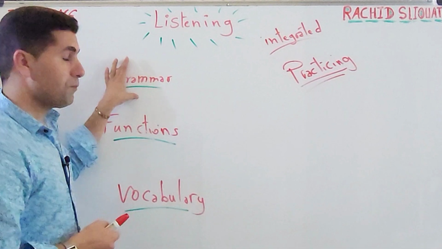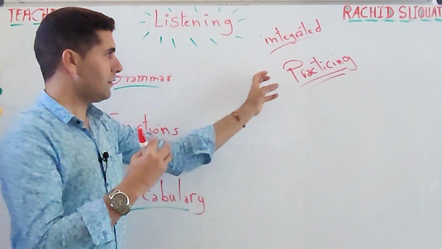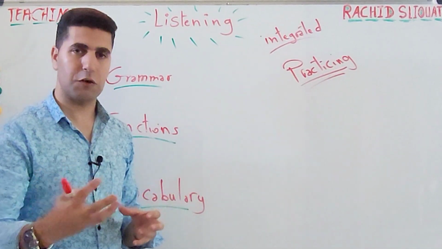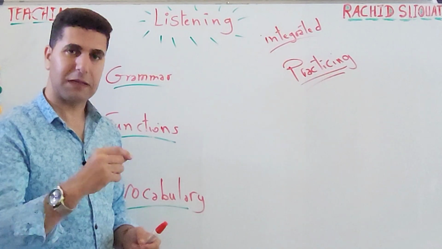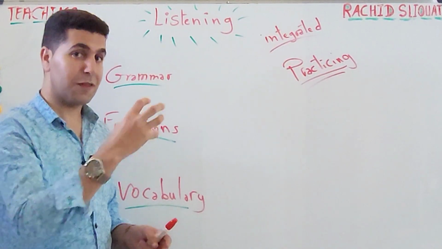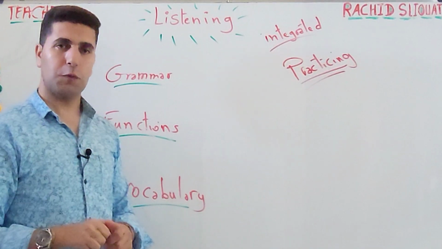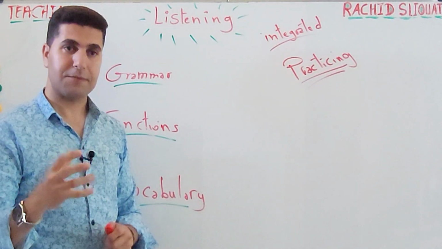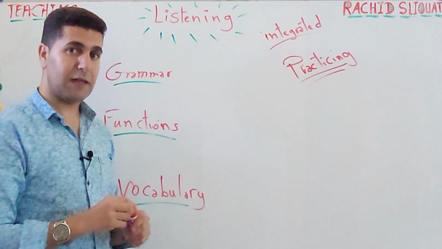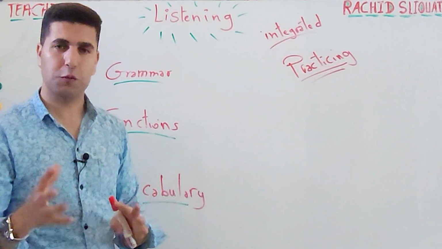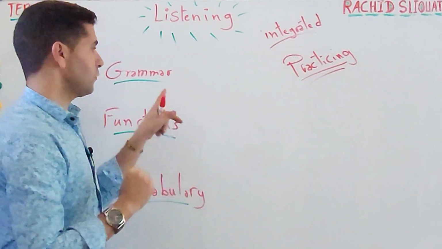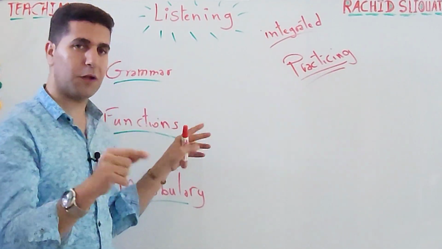Now, for example, while teaching grammar, in the practicing phase, you can have students listen to an audio and complete sentences with the structure they learned, or transform sentences from affirmative to negative. They can also listen and match, or listen and answer with true or false. So it's all up to you to use the appropriate one or ones.